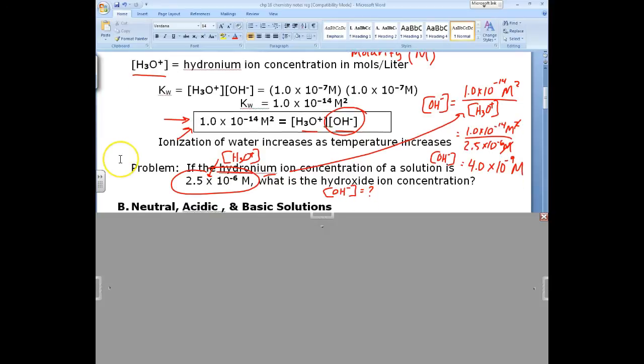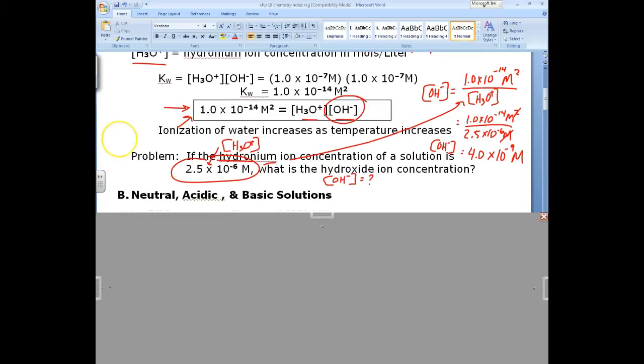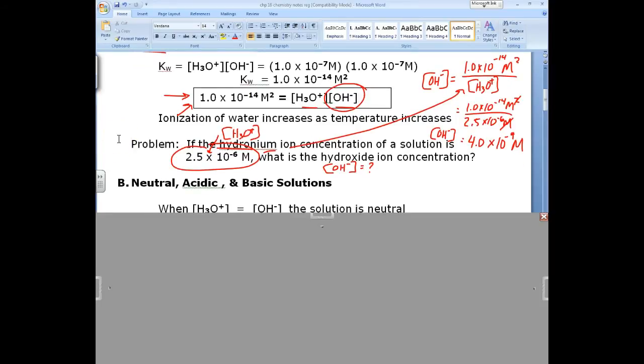All right. The next thing we'll have to do is classify this solution as neutral, acidic, or basic. So if our hydronium concentration is equal to our hydroxide concentration, that means our acid stuff is equal to our base stuff, then we end up with a neutral solution.